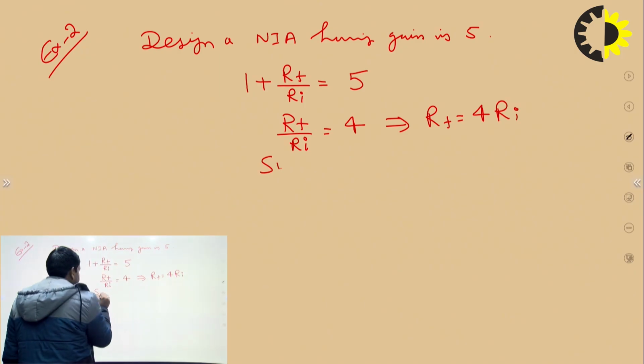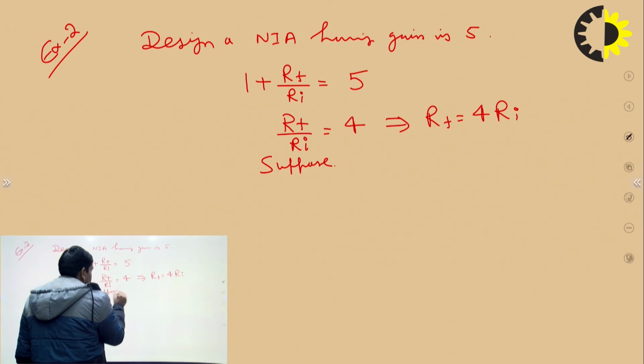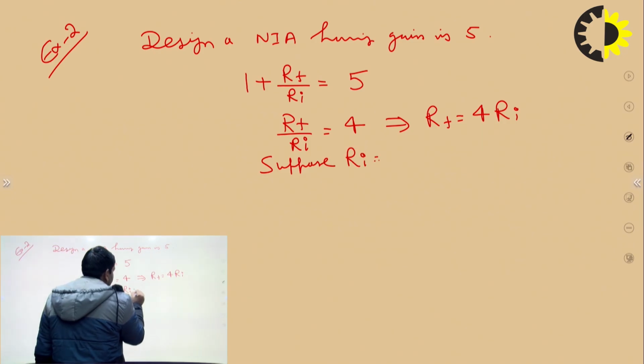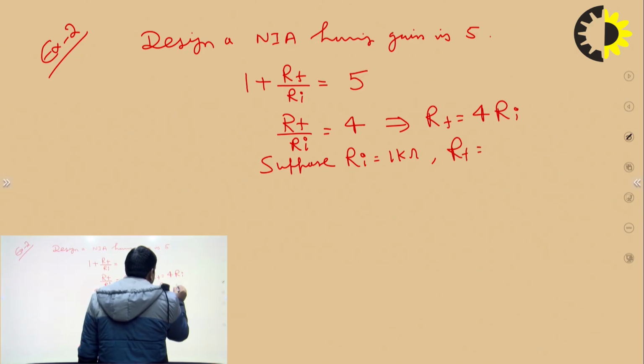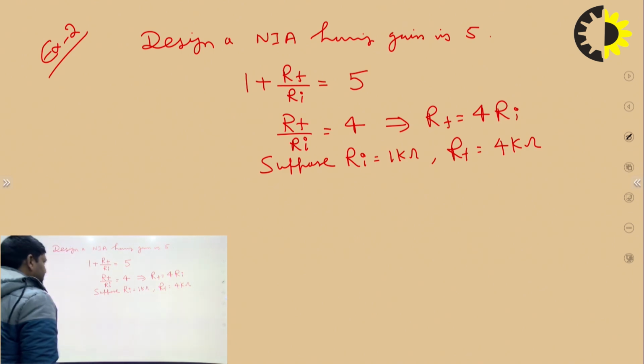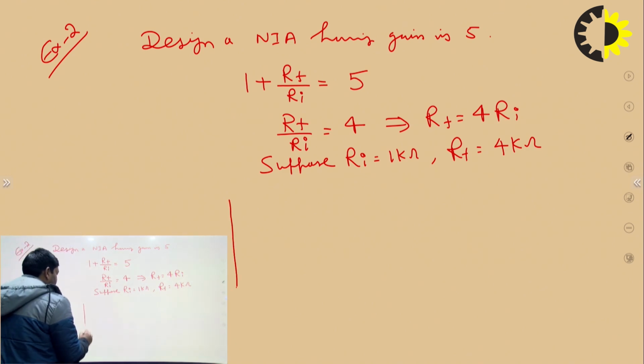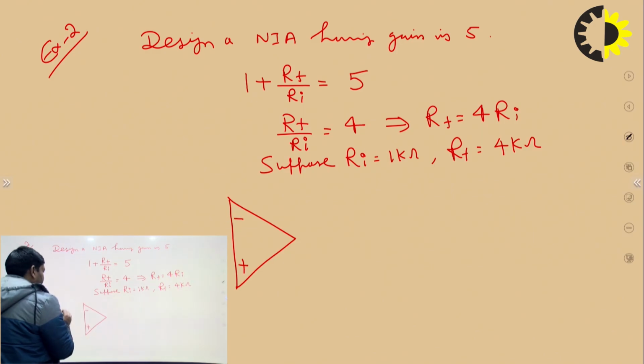Suppose we take Ri as 1 kilo ohm. So the feedback resistance is 4 kilo ohm. By using this we design an Op-Amp with a non-inverting terminal having a gain of 5.